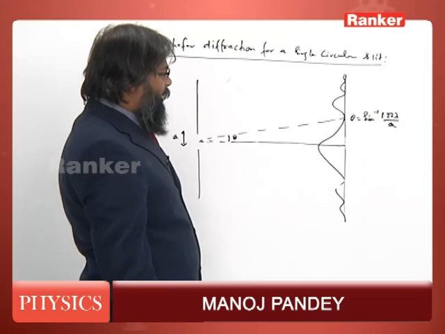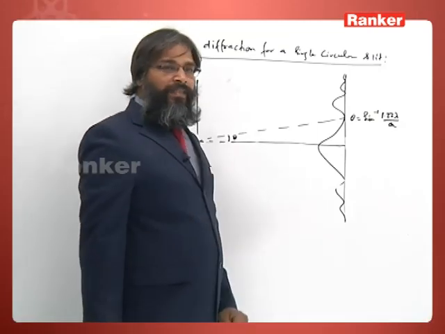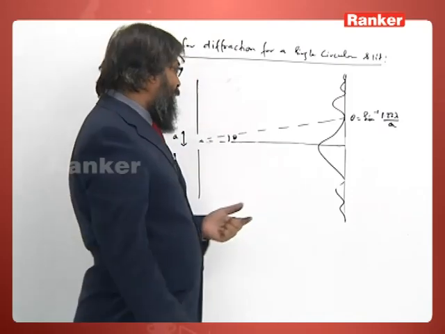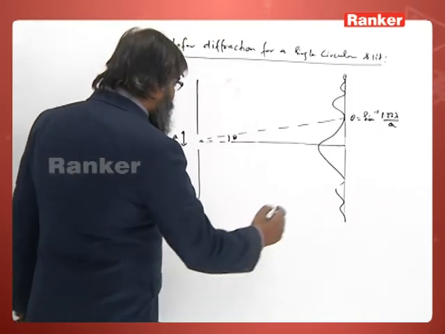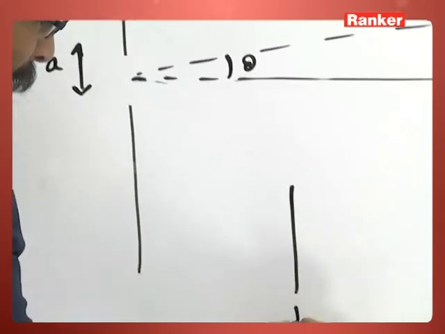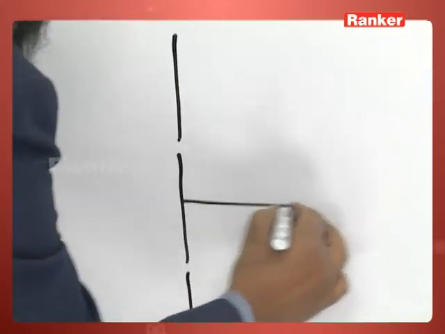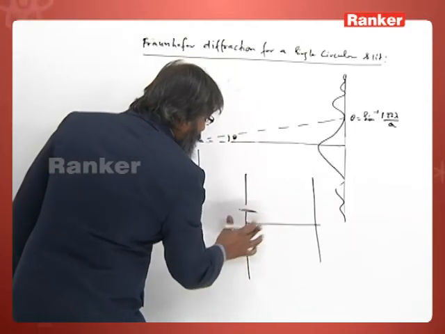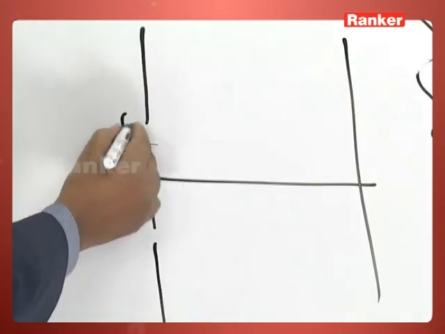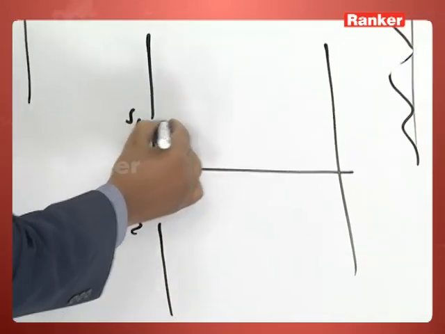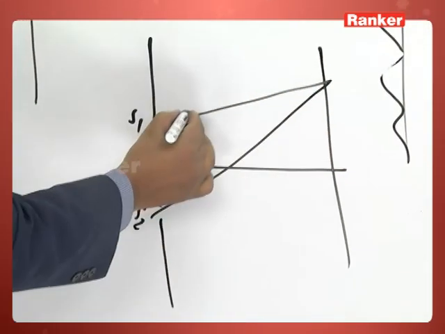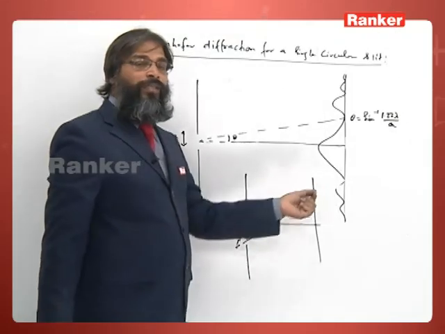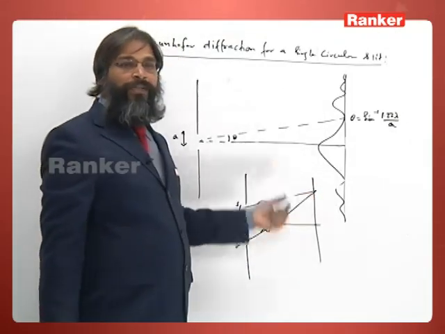Now here again I can redefine interference with the help of diffraction. In Young's double slit experiment there were two slits, S1 and S2, two sources which send waves and they interfere on the screen.